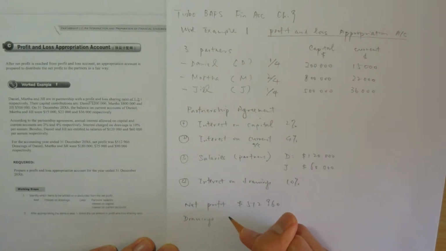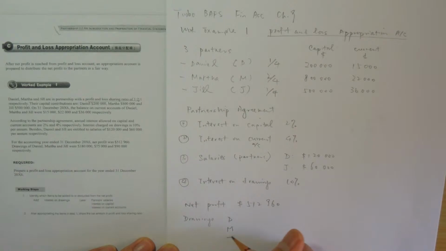Drawing, the total is Daniel, Martha and Jill.